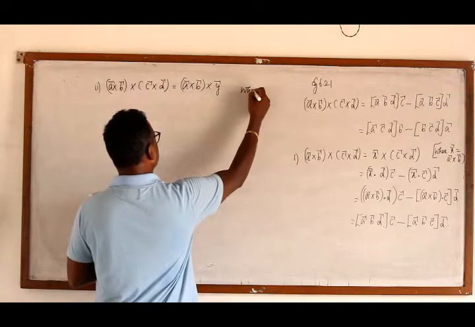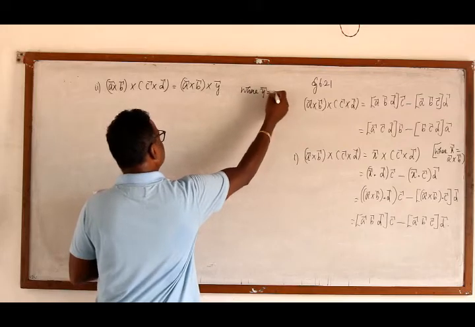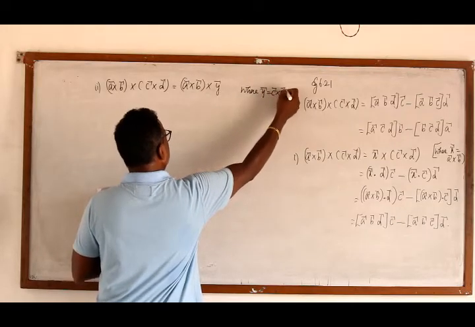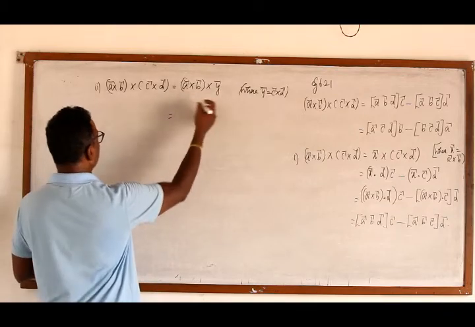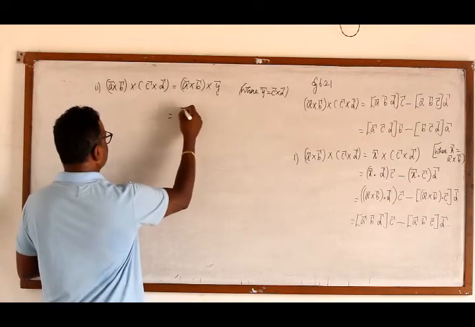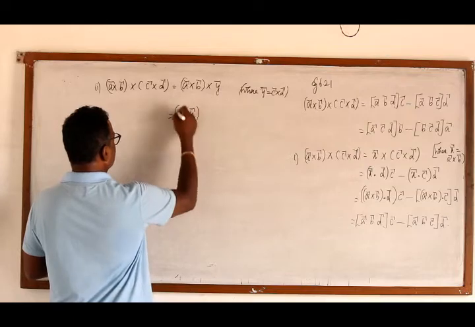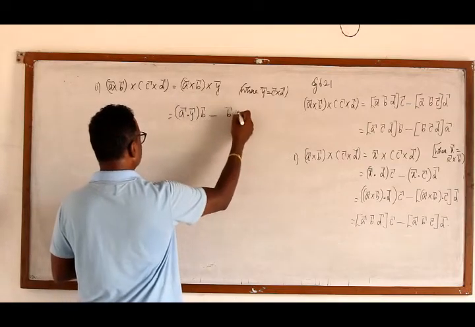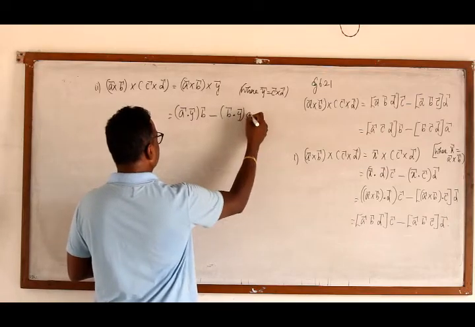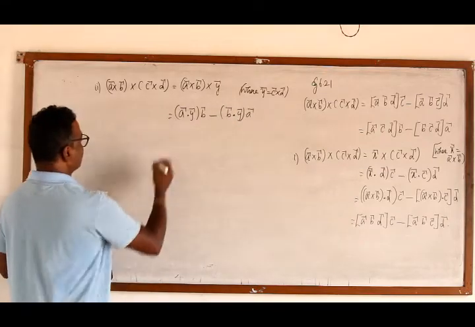What is this y? C cross D. Now the bracket is in the first 2 vectors, so it is again A dot y into B minus B dot y into A. This will be the formula for this cross product.